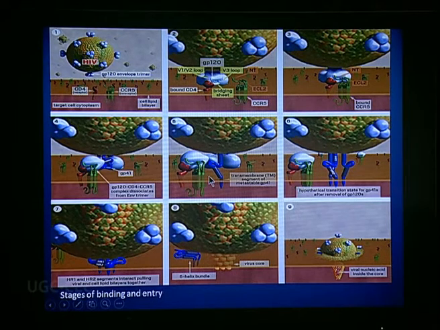This movement of the virus close to the membrane, and the folding of the surface protein, lets the virus gradually go in, and as it goes in, the RNA is automatically released inside the cytosol of the host cell.